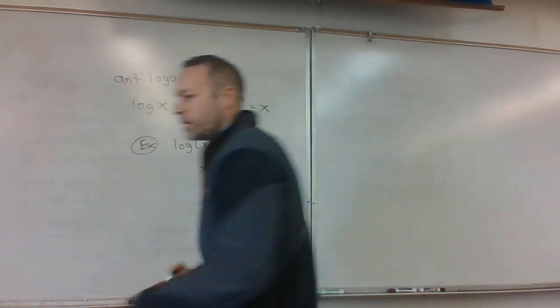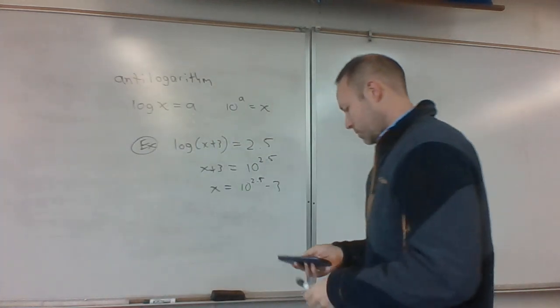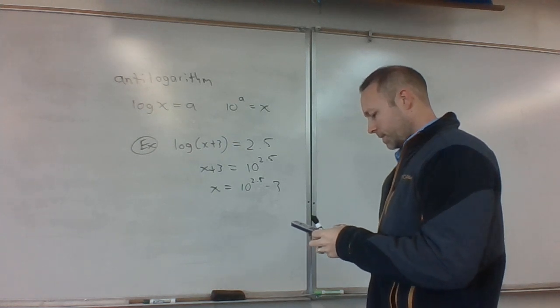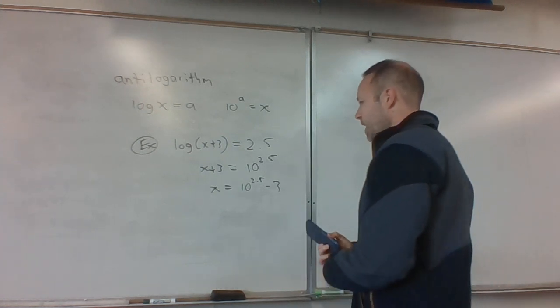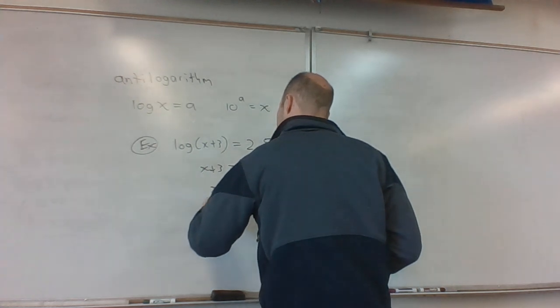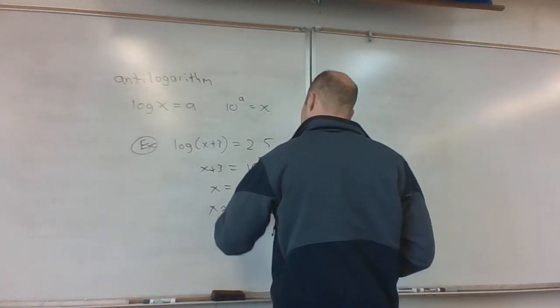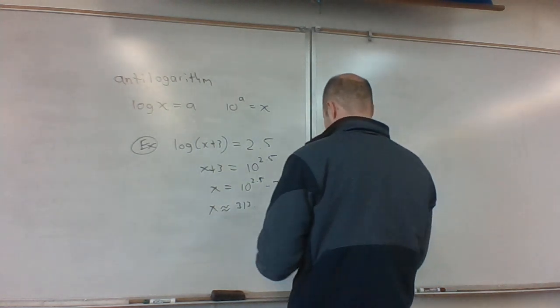Then with the calculator to approximate that, 10 to the power of 2.5, and then subtract 3, we get x is approximately 313.228.